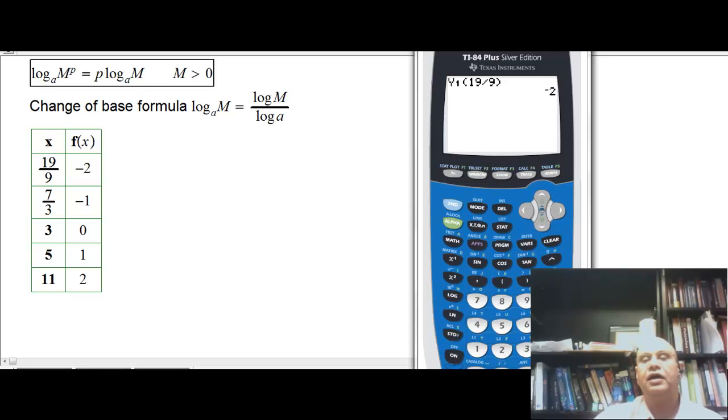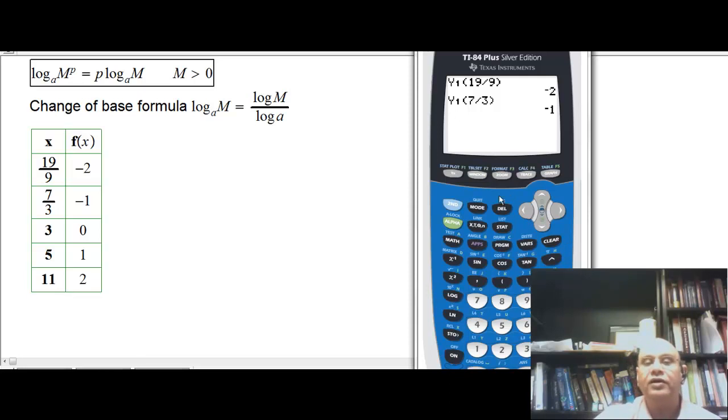So I did that. I got -2, didn't I? That looks so much easier. Then you do this again, press second enter, as I just did. And who is next? 7 over 3. So we say 7 over 3, right? -1.